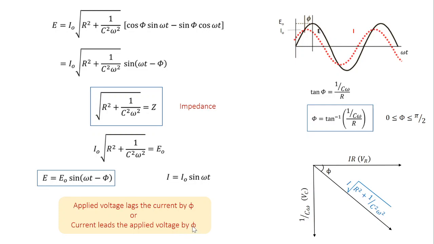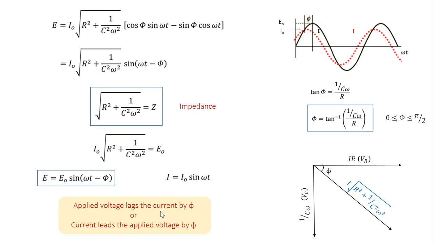Now what's the value of phi? Calculate sin phi by cos phi, which is tan phi. This is equal to 1 over C omega by R, or phi equal to tan inverse of 1 over C omega divided by R. And just like the previous case, its value ranges between 0 and pi by 2.